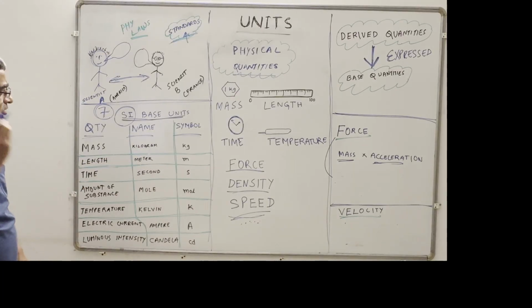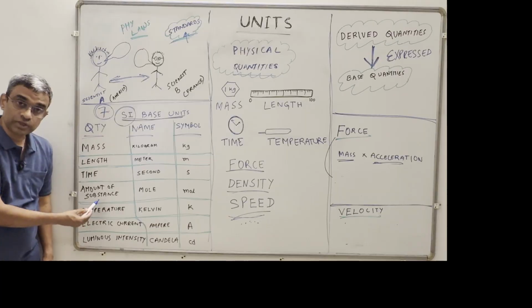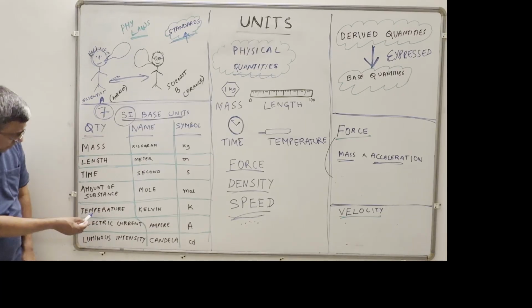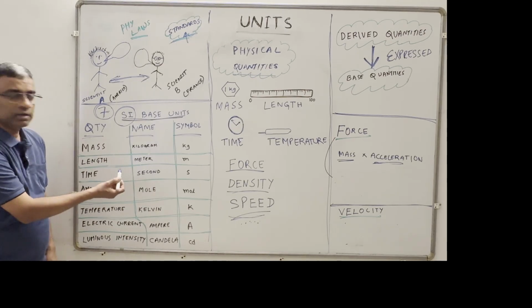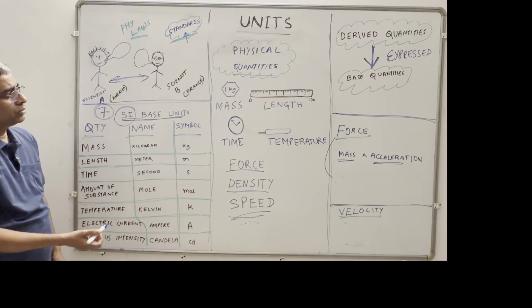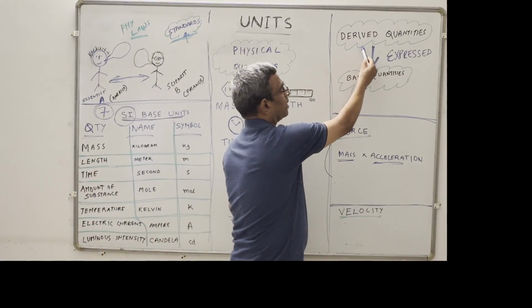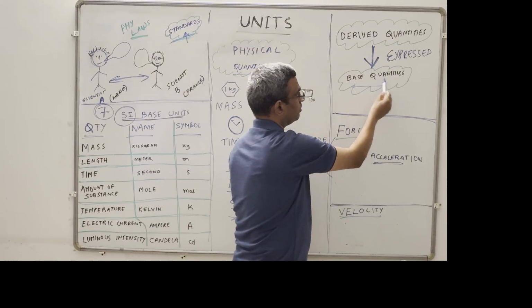What are those base quantities? Mass, length, time, amount of substance, temperature, luminous intensity, electric current. So there are 7, and their names and symbols are given. So the derived quantities and the other quantities can be expressed in terms of the base quantities.